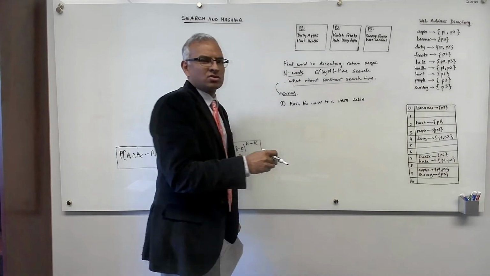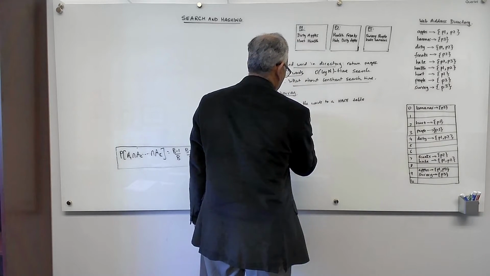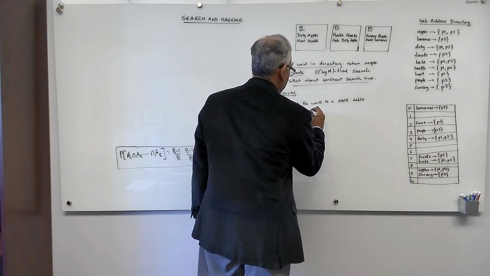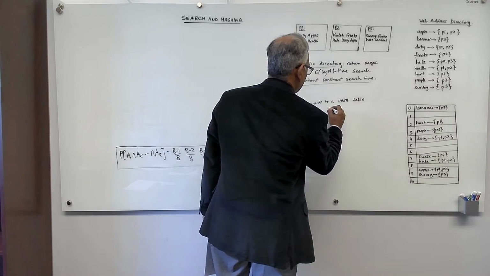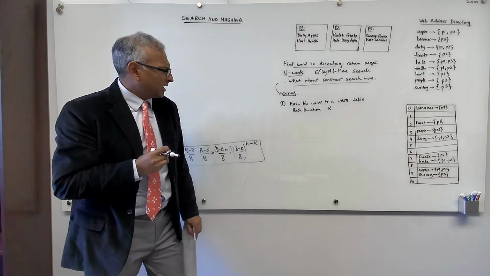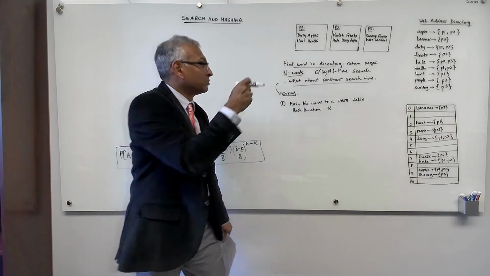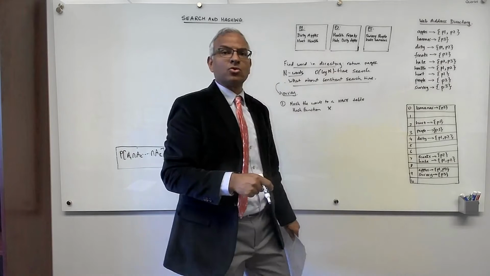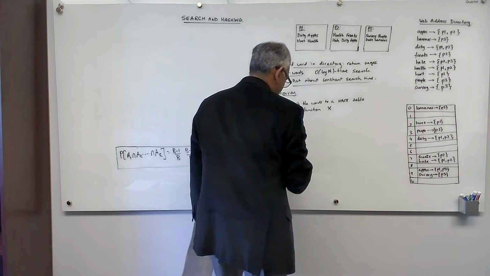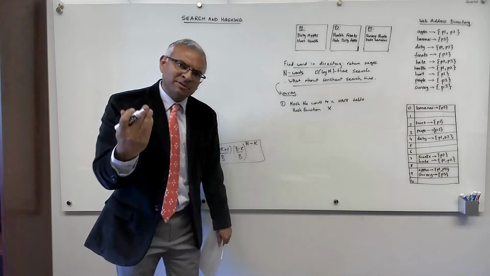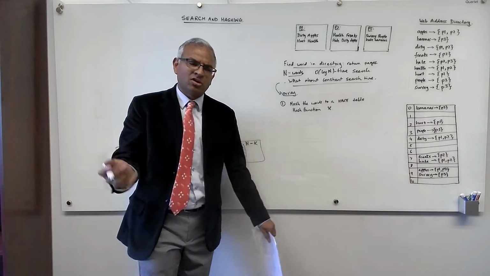This is usually what we call a hash function. There's a hash function that we call h, and this hash function takes as input a word and tells you where in the table you will store the word.